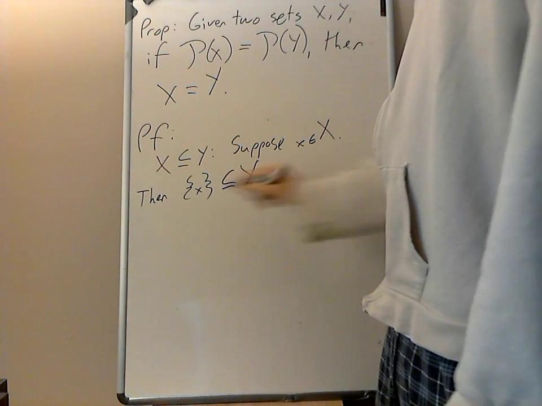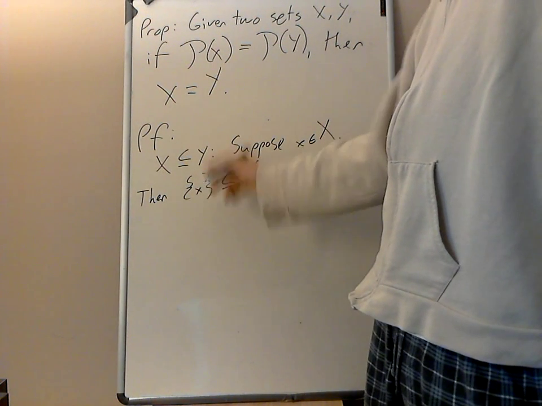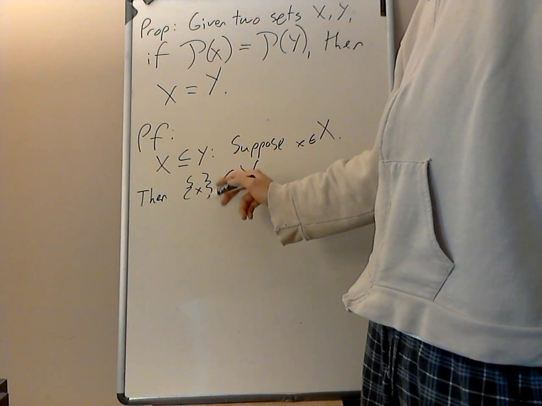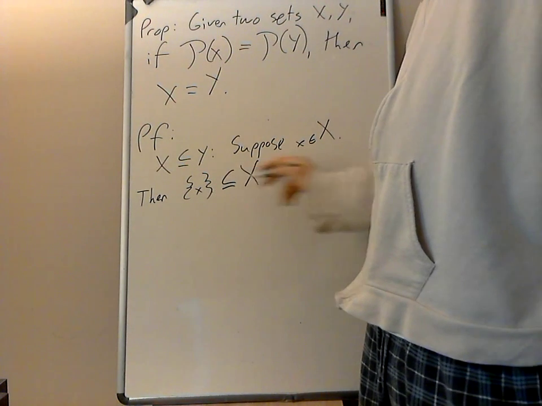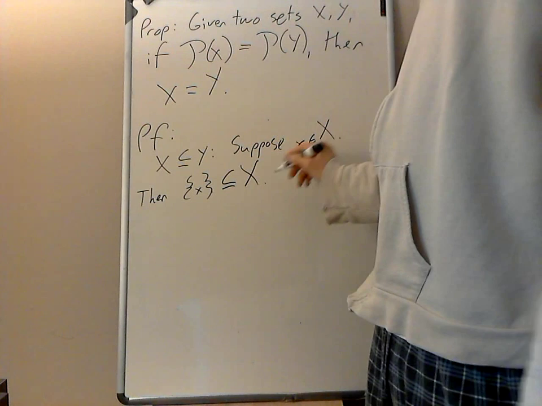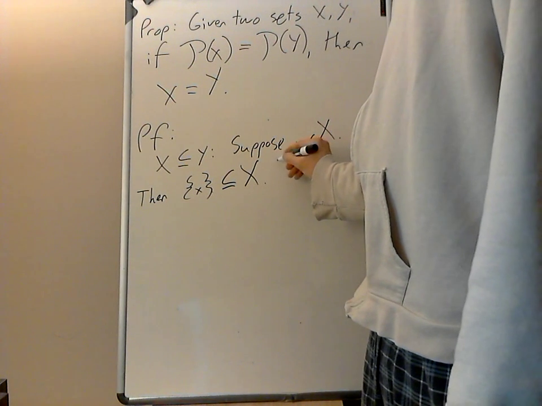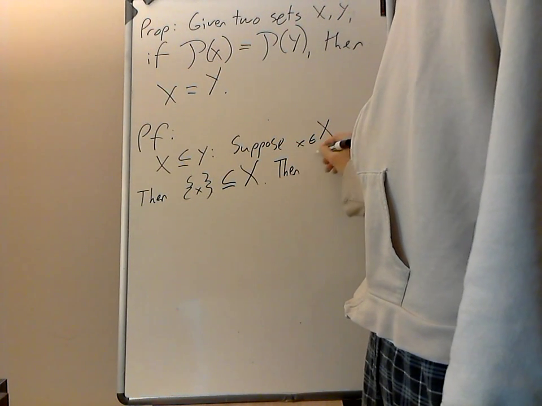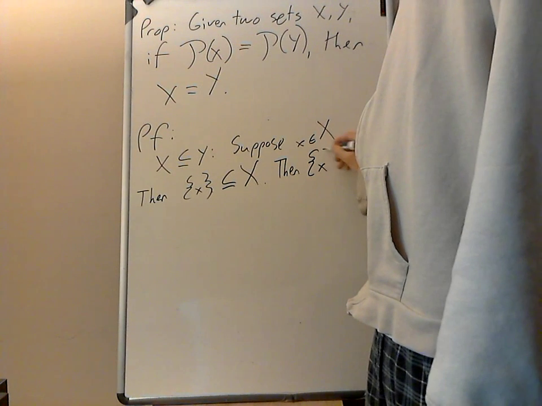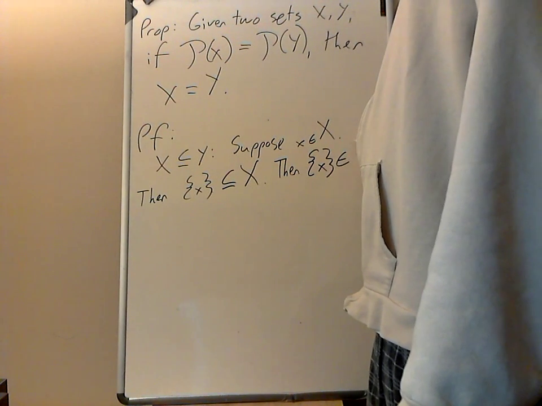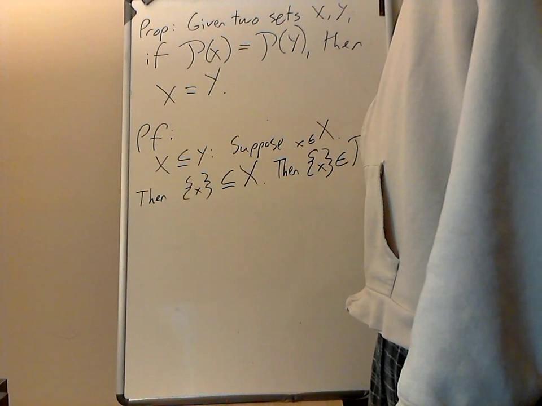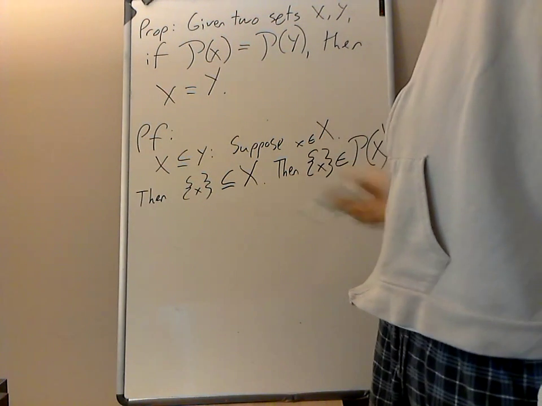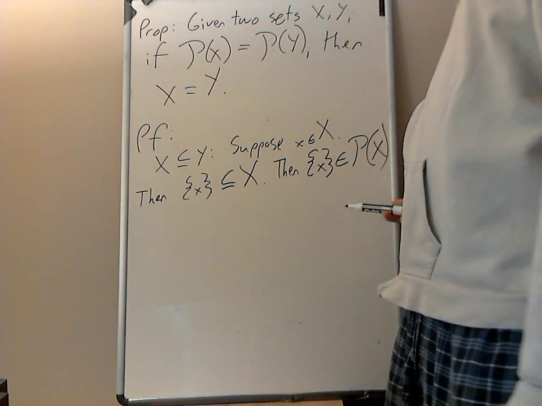Okay. So since the set containing x, little x, is a subset of big X, that means that by definition, the set containing x is an element of the power set of x. Notice this sort of subtle distinction.